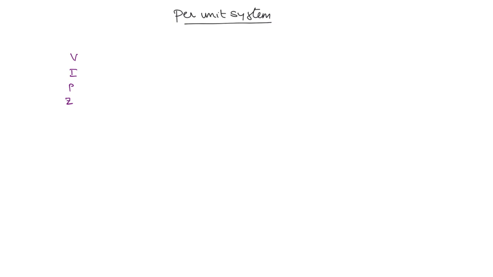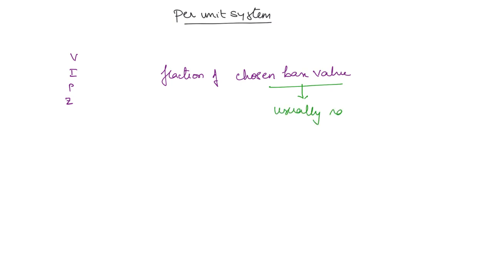resistance, reactance, any electrical quantity we are going to express as a fraction of a chosen base value. That means we will have to decide on a particular base value, and usually we take the rated values as the base value. Okay.